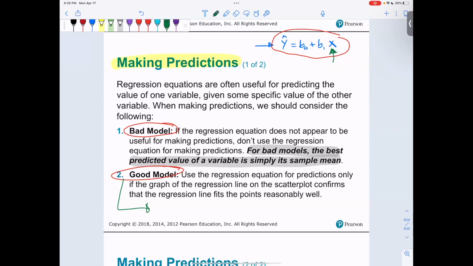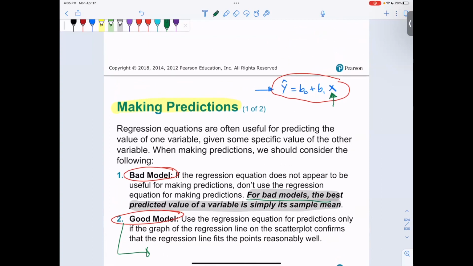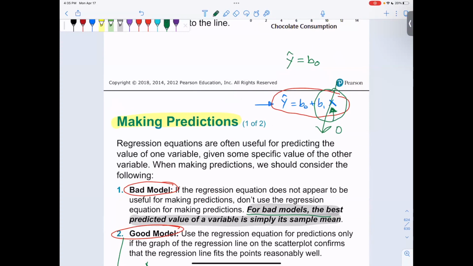But if that model is bad, then we will consider y hat equal to beta 0, and we consider that there's no effect here. So beta 1 is 0. If we consider beta 1 equal to 0, that means no effect, no matter the value of x, the y all the time will be the same. And we know beta 0 equals y bar minus beta 1 x bar.